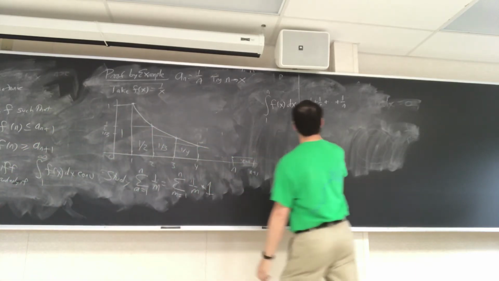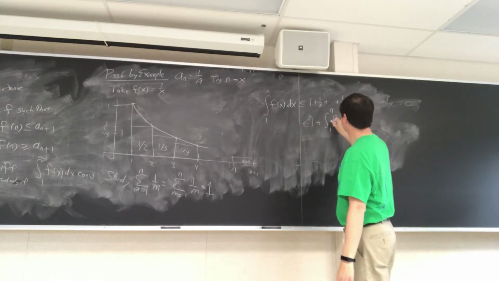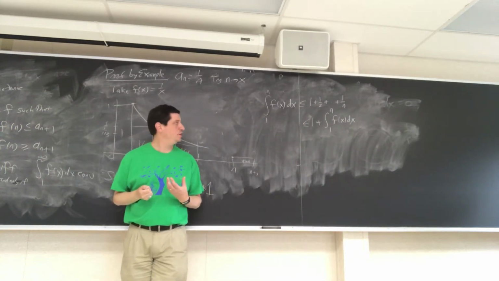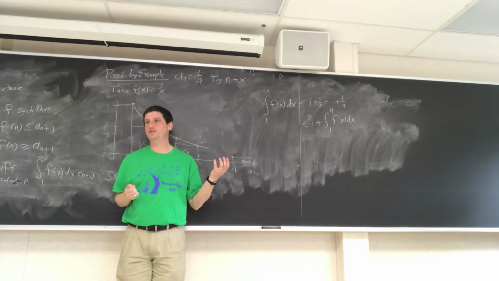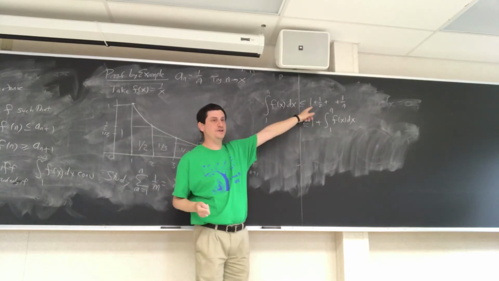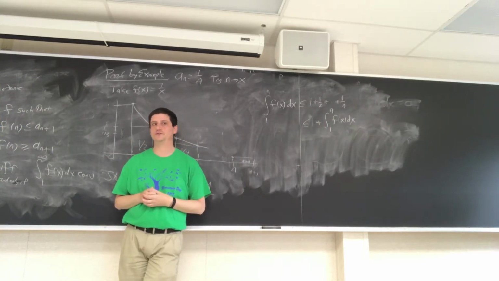So then this will also be less than or equal to 1 plus the integral from 1 to n of f of x dx. So we've sandwiched our sum between the integral of f of x from 1 to n and 1 plus the integral of f of x from 1 to n. So whether or not the sum converges depends exactly on what happens to the integral of f of x.